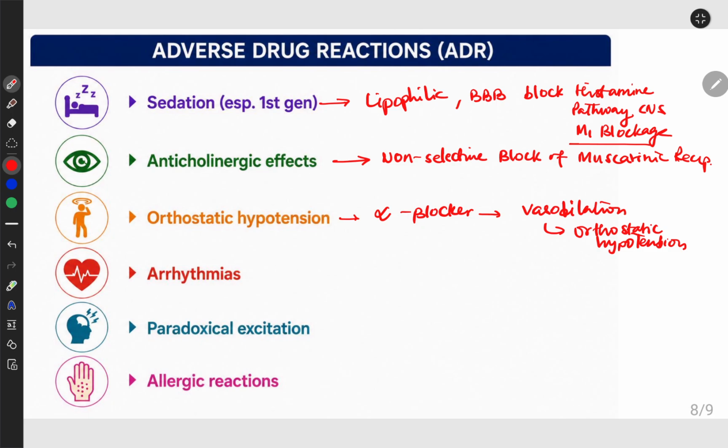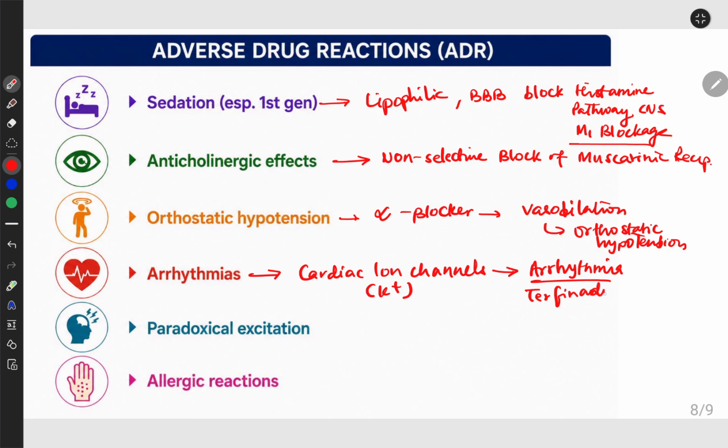Many drugs tend to block cardiac ion channels, and thereby they tend to produce arrhythmia, specifically the potassium channel blockers. Drugs like terfenadine and astemizole have been banned because of their cardiotoxicity.